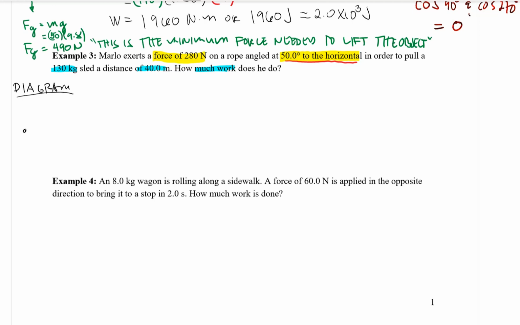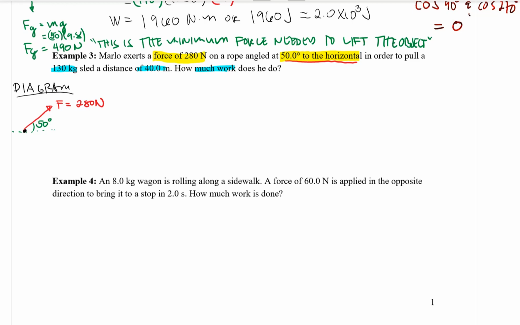I exert a force, but it is angled off with the horizontal. This is my F, 280 newtons, and it is angled off at 50 degrees with the horizontal line, which is this side here.